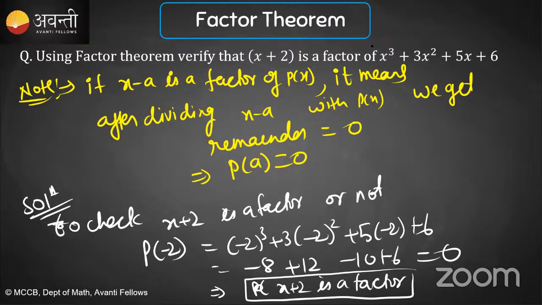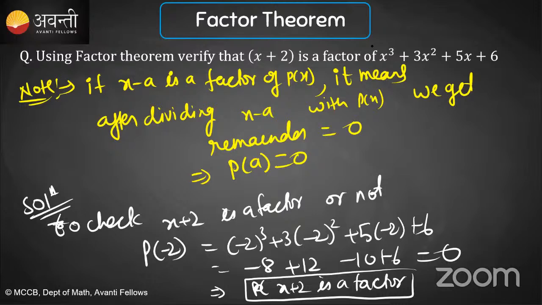Okay. So far, what are the basic things that we have seen? First of all, degree: what is degree? Highest power, right? And then we have seen the remainder theorem. From the remainder theorem we learned that if I have to check the remainder when I divide p of x by x minus a, that can be easily checked by substituting x is equal to a in p of x.